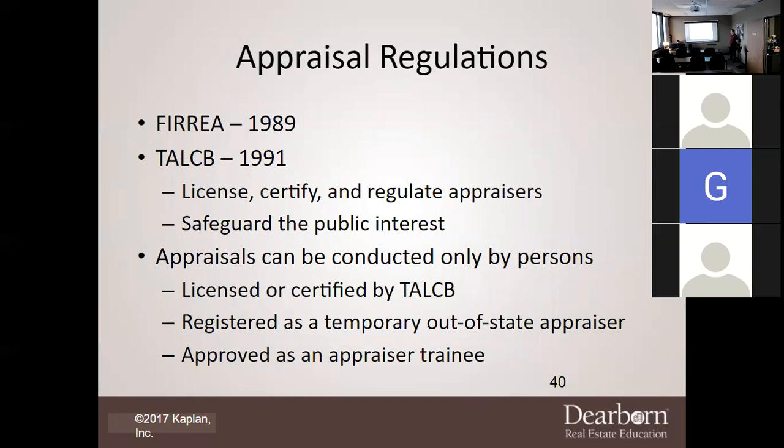Under TALCB, they license, certify, and regulate appraisers, as well as safeguard the public interest. Appraisals can be conducted only by persons who are licensed or certified by the TALCB, registered as a temporary out-of-state appraiser, or approved as an appraiser trainee.